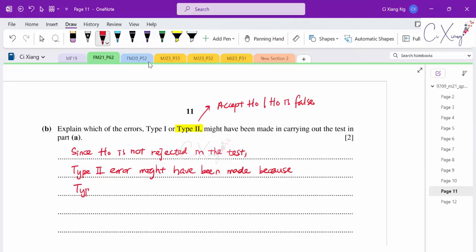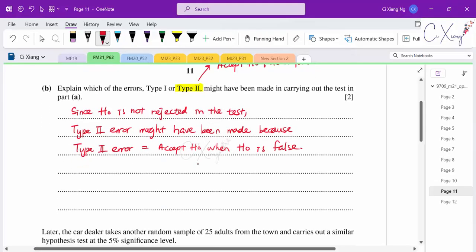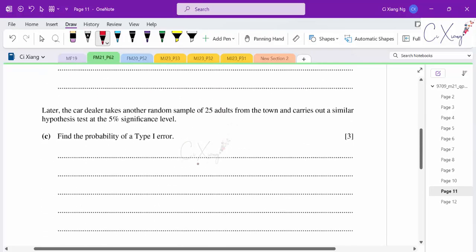Type 2 error is equal to accept the null hypothesis, which is do not reject the null hypothesis, they have the same meaning, when the null hypothesis is false. Alright, so this is the reason. Then let's continue further for part number C.